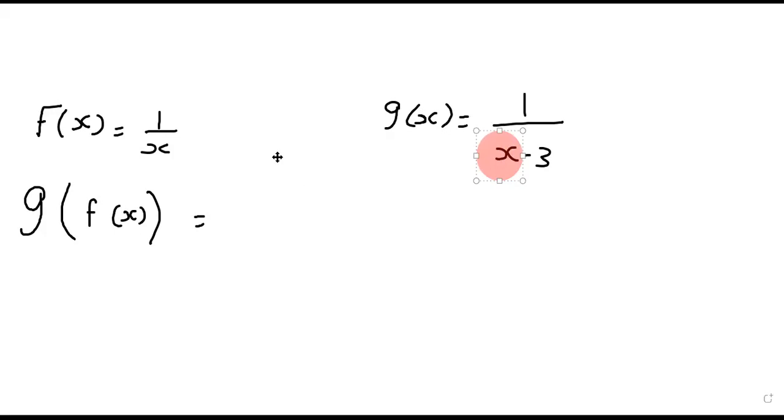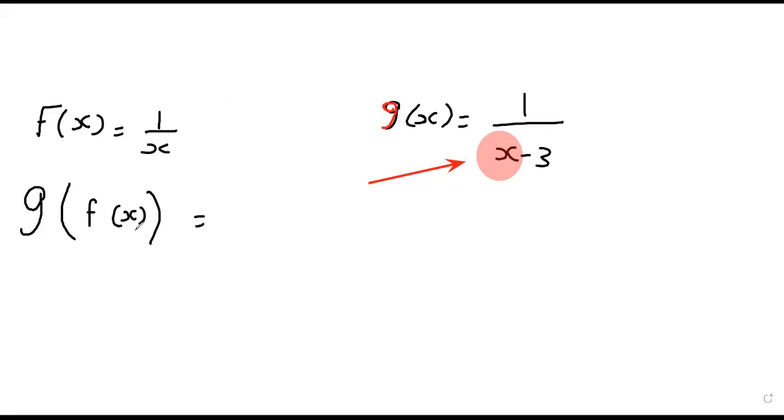What if I ask about g of 2? Instead of this x, write 2. So keep your eye on x, which is written in g of x. What if I ask you about g of 9? It's 1 over 9 minus 3. So we are going to put the value we need in the function g and write it instead of x.